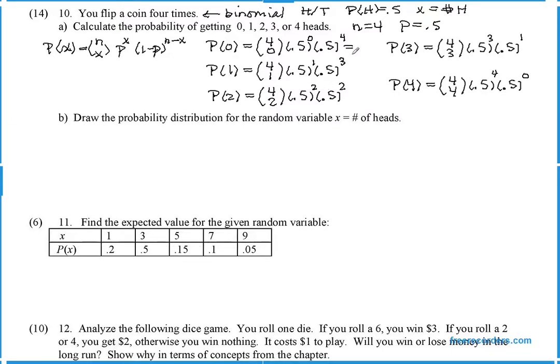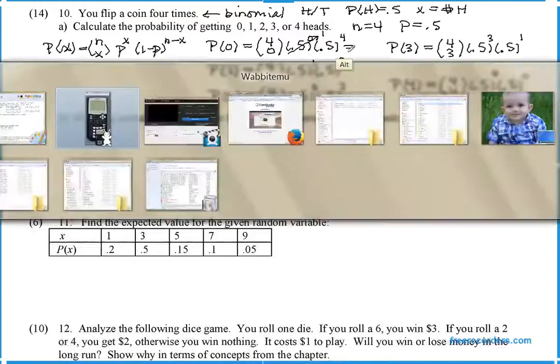So let's go ahead and compute these. We'll round to 2 decimal places. So first of all, 4 choose 0, 4 nCr 0, is actually 1. There's only one way to choose none from 4. 0.5 to the 0 is equal to 1. So we really need to just do 0.5 to the 4th power.